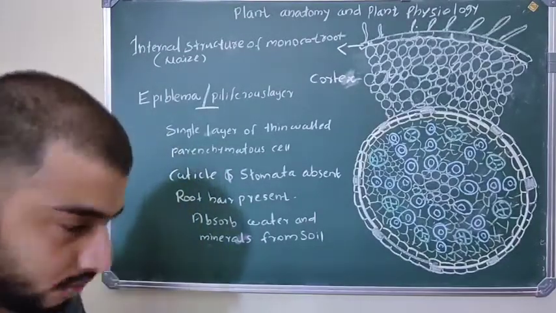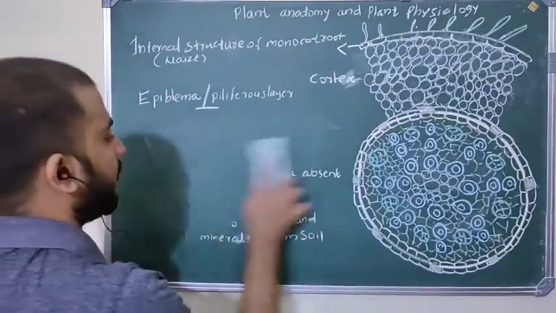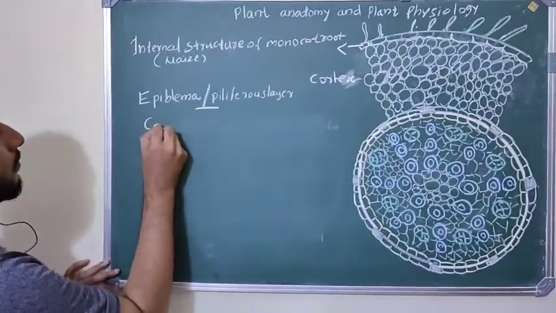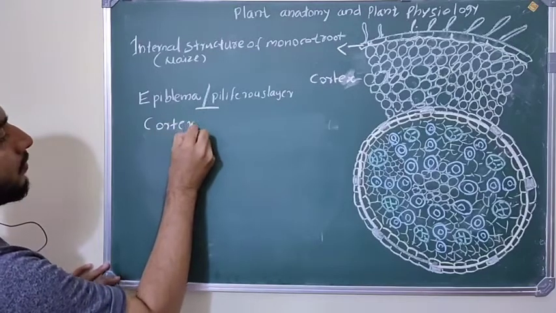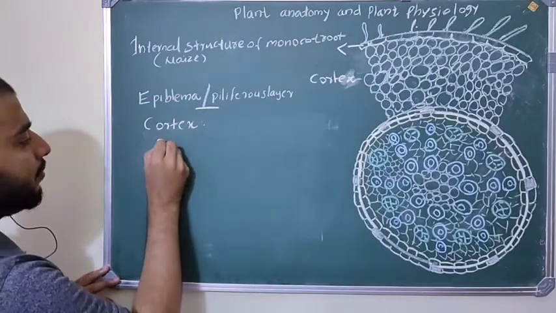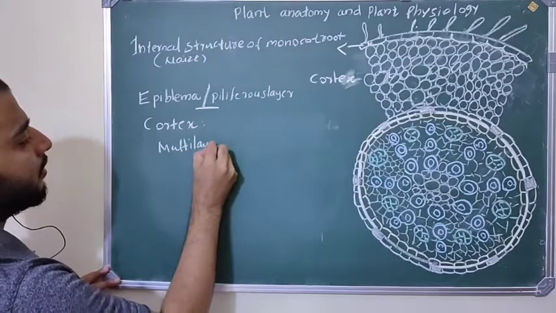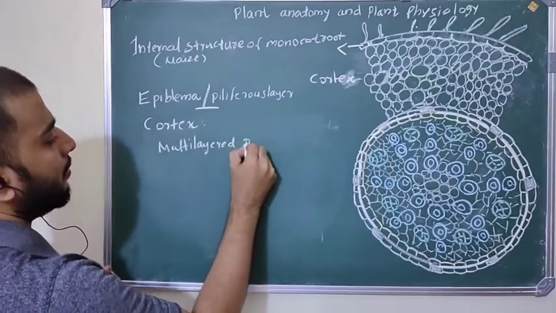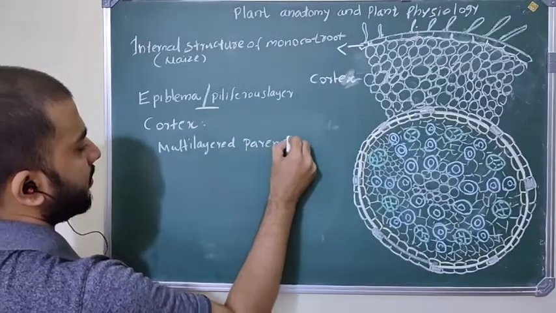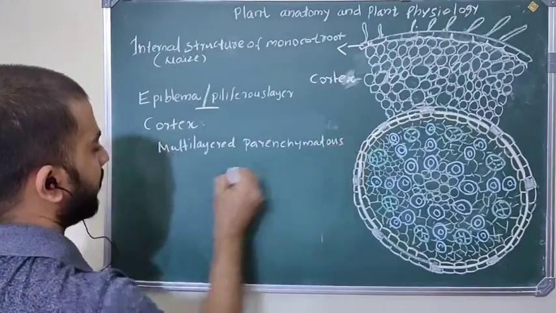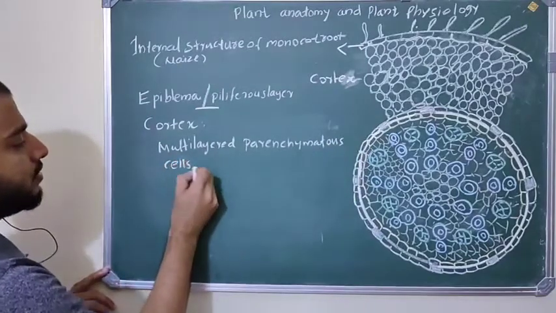So, cortex is made up of multi-layered parenchymatous cells with intercellular spaces.